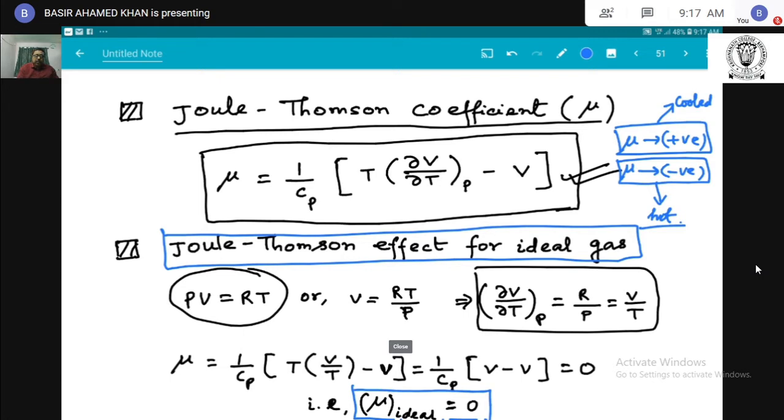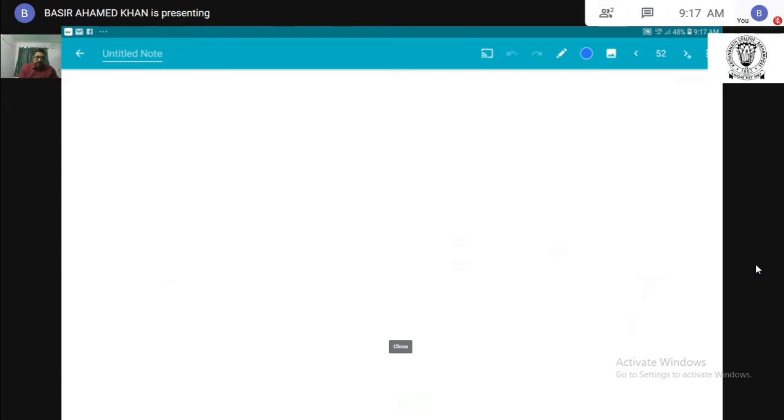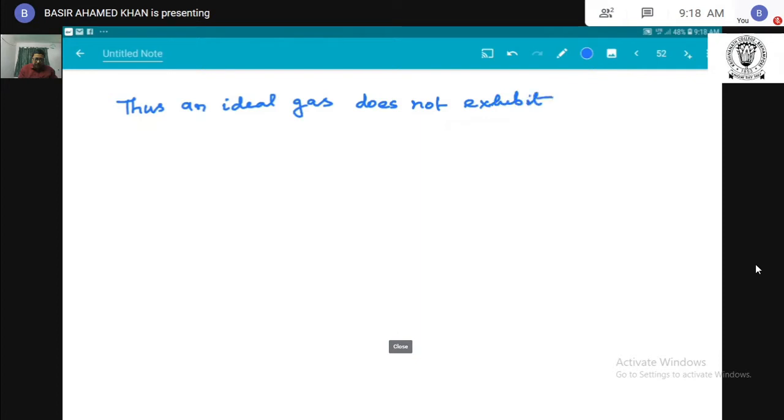Therefore we say that an ideal gas does not exhibit temperature change in jet expansion.